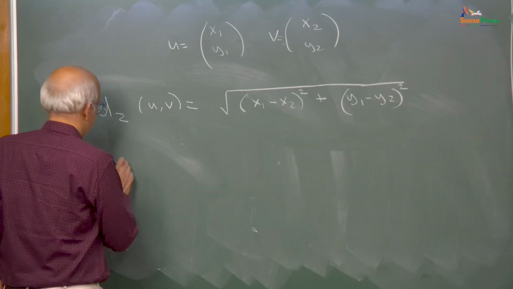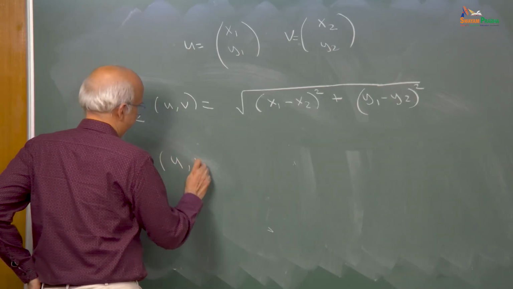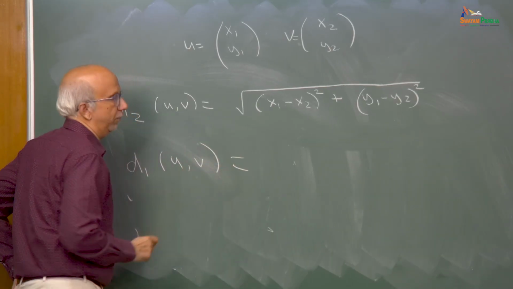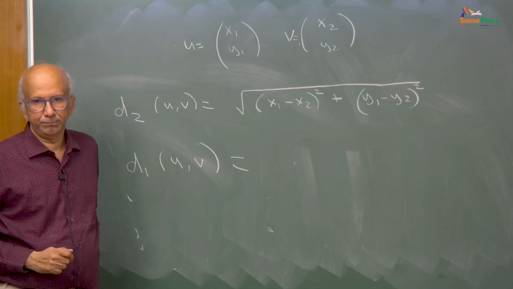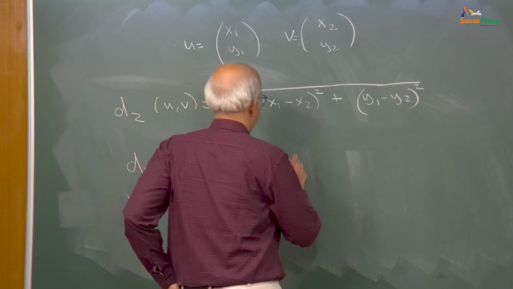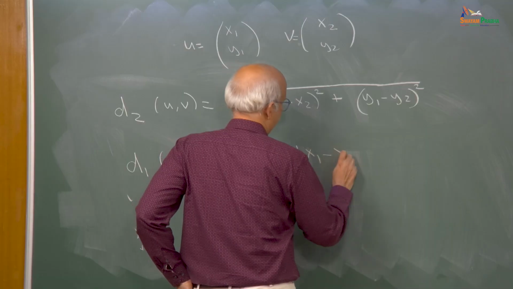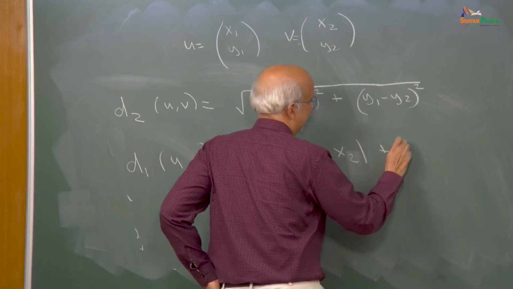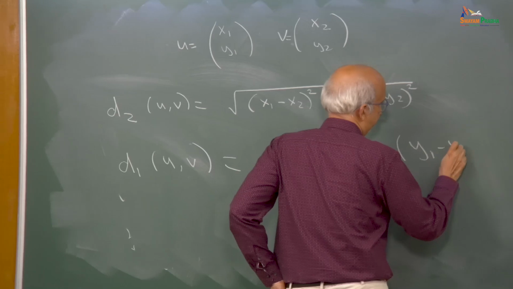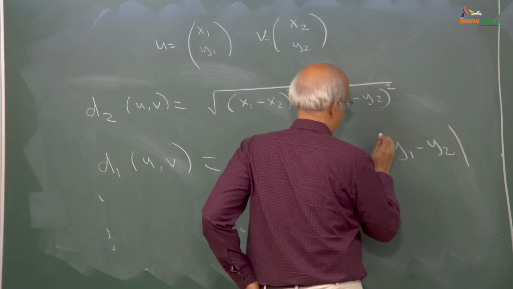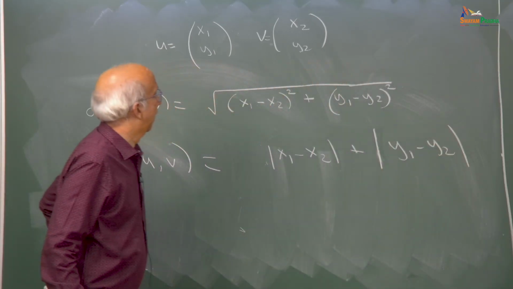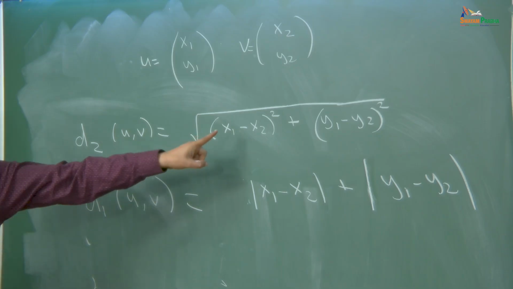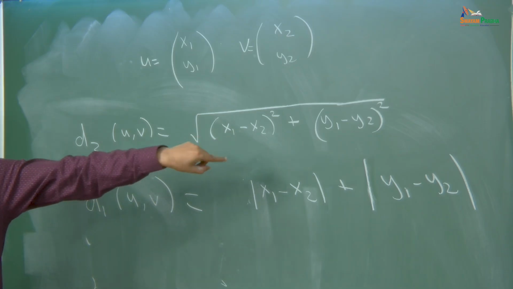For example, and this is what you have to verify, d1 of u comma v is the absolute value of x1 minus x2 plus the absolute value of y1 minus y2. What I was doing earlier was squaring it and then taking the square root.